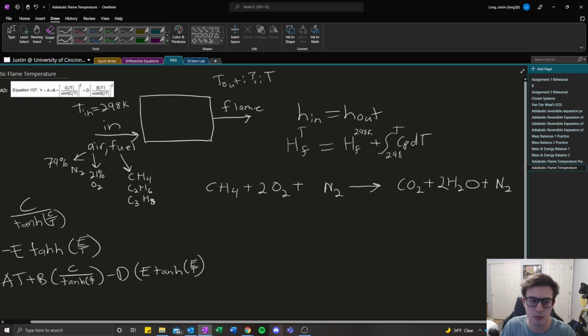But then the nitrogen, we know that air consists of 79% nitrogen. So what we're going to do is just set it up as a fraction, and multiply by the number of oxygens that we have here. And that will allow our stoichiometry to be correct.